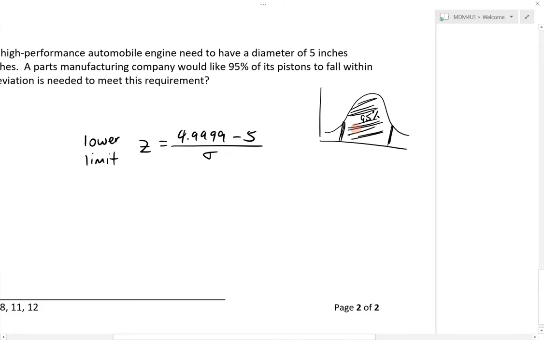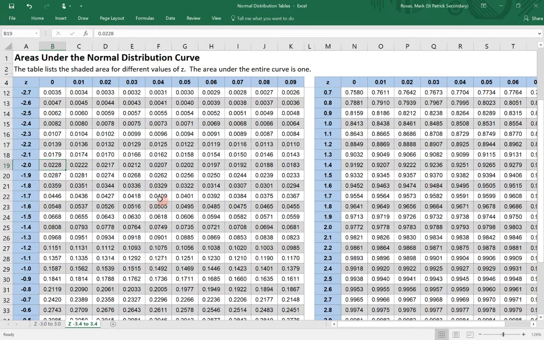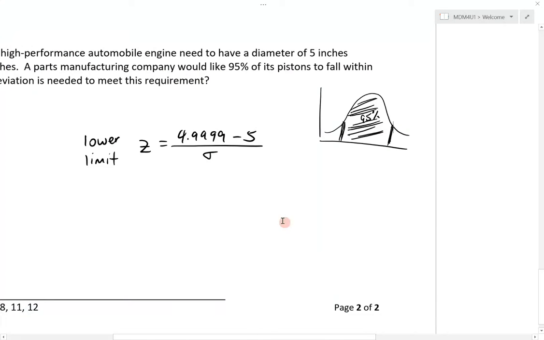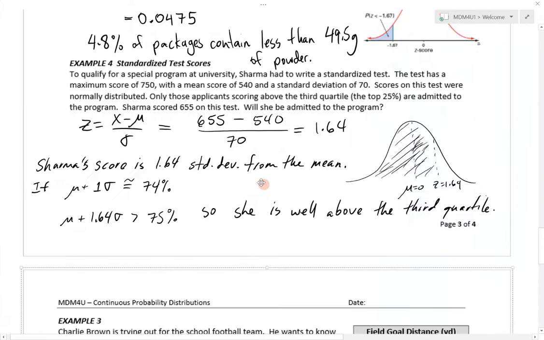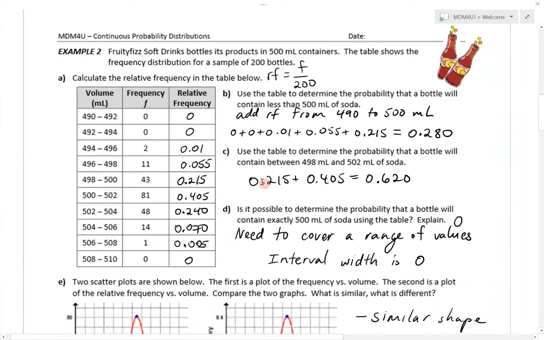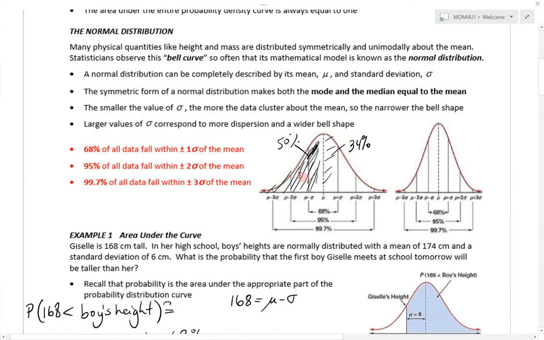Think about the normal distribution, even on your z table, the notes from the previous lesson. Let's go to those for a moment. So over here, what interval would represent 95%? Well, that's going to be 2 sigmas above and 2 sigmas below the mean. So the z-score has to be 2.